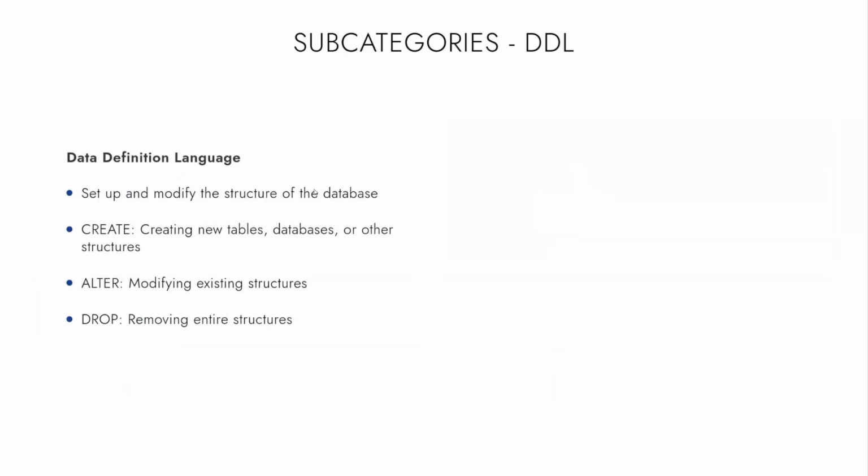So DDL, what are some of the key functions in this language? It's creating new tables, databases, or other structures, just like you can see on the right side, create table name. When you type certain things into it, this part is the function. So this is not one function, to be honest. You're creating something and labeling it as either a view or a table, in this case a table, and you're naming it employees.